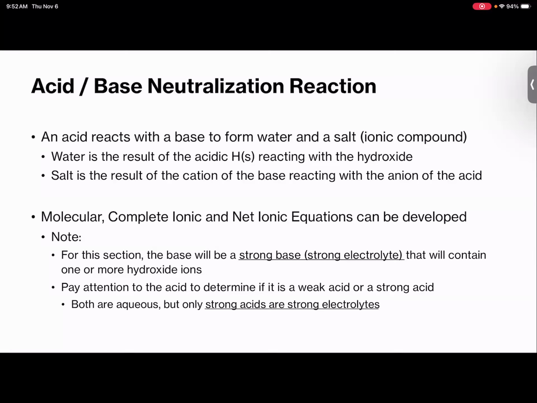Now again, we can develop molecular, complete ionic, and net ionic reactions for acid-base neutralization reactions. For the purpose of this class, in an acid-base neutralization reaction, I'm going to use strictly strong bases, meaning they are going to be aqueous, strong electrolytes, meaning they're going to dissociate entirely in water.